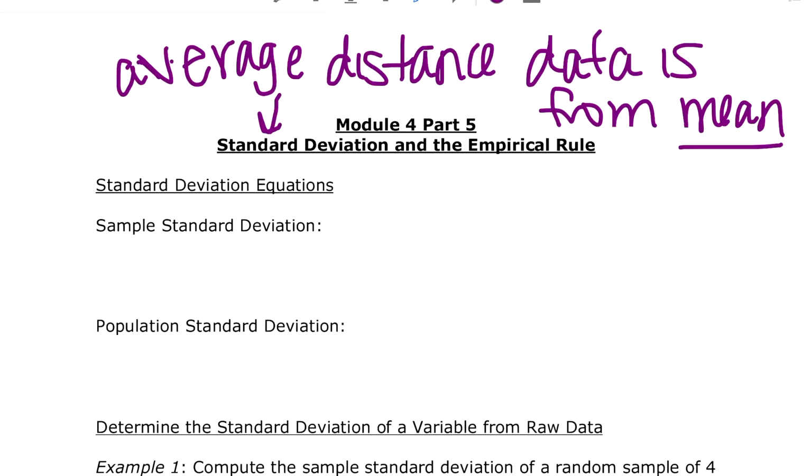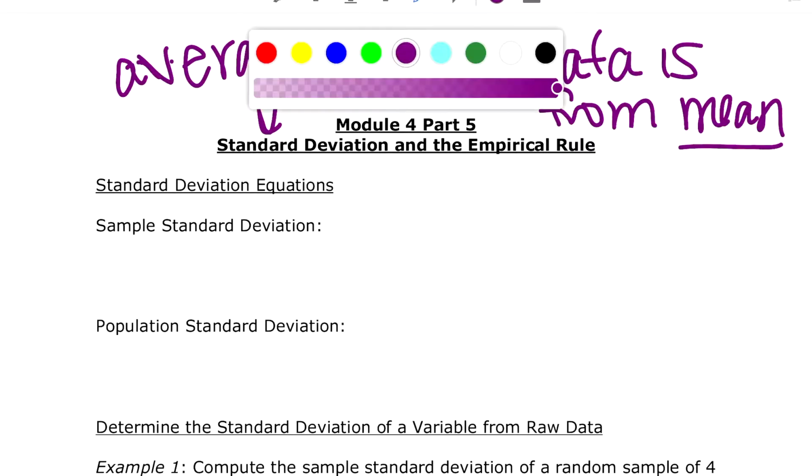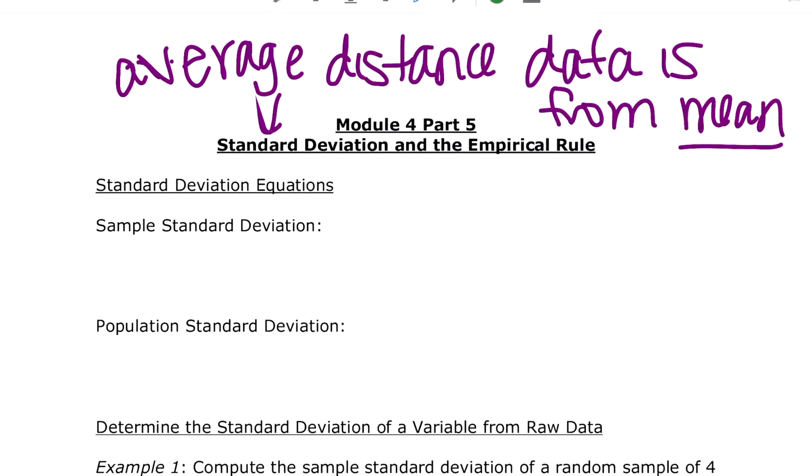So we're going to look at the equations on how to calculate the standard deviation, starting with the sample standard deviation. The symbol for sample standard deviation is going to be a lowercase s. And then that equation, we're going to take the square root.